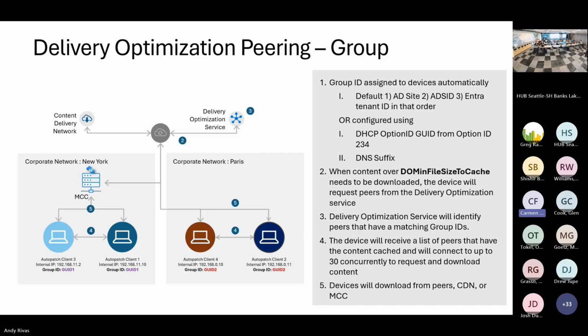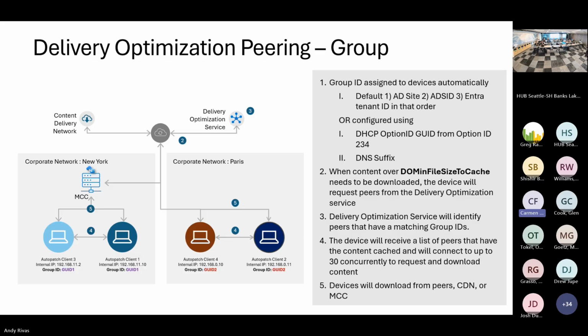So that's kind of the default picture. What a lot of our enterprises are doing is using download mode 2, or group mode. With this mode, we allow you to identify your group using just a GUID, or you can use one of I think 5 different sources to key off of.